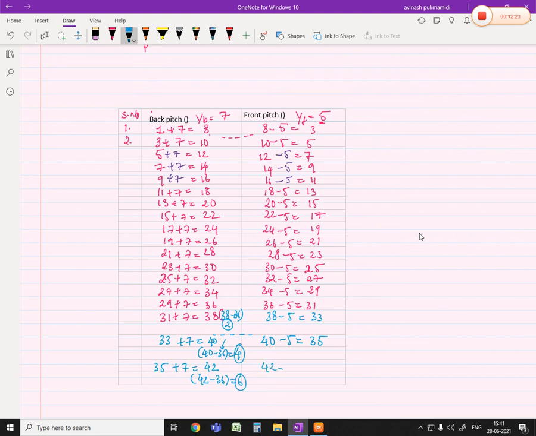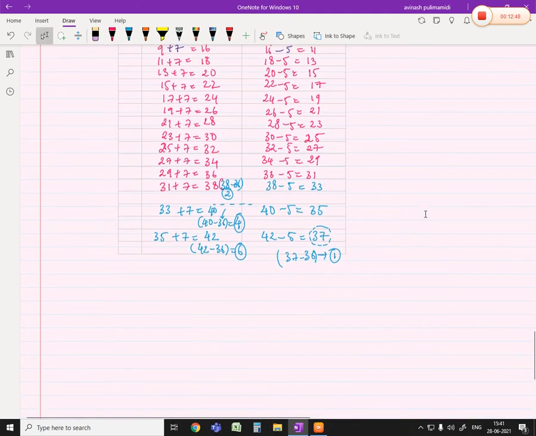So take the same 42 value. 42 minus 5. How much? 37. So 37 means, so this can be approximated to 37 minus 36. It will be 1. Hope you understood now.